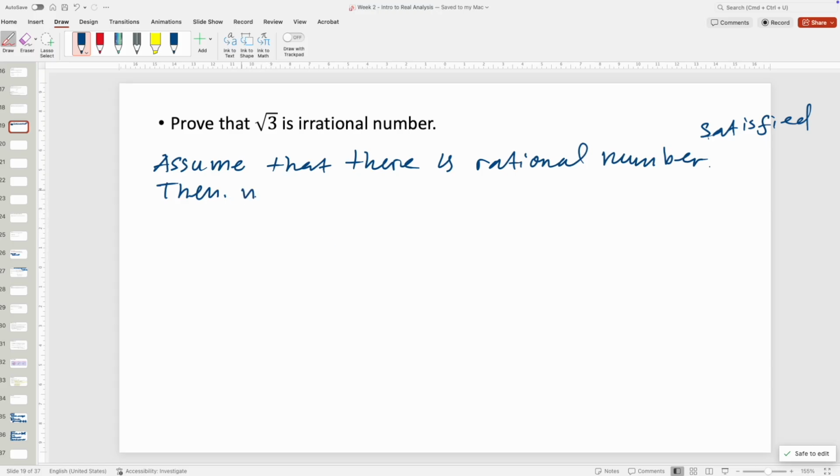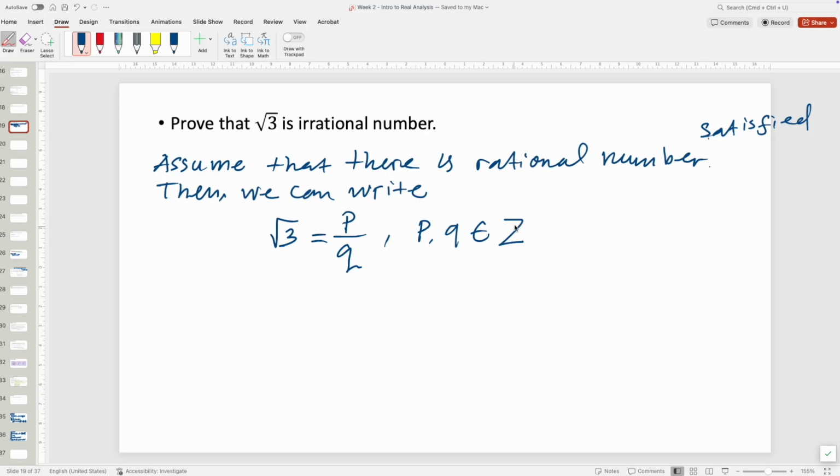Then we can write square root 3 as P over Q, where P and Q belong to the integers Z. Of course in here Q is not 0.